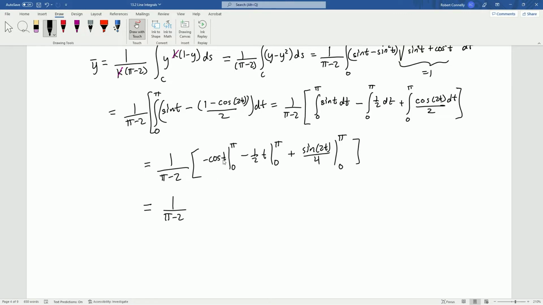Okay, cosine of t evaluated at pi is going to give us negative 1, and it's already negative, so that's going to be a positive 1, minus a negative cosine of 0. So now we've got minus 1/2 times pi minus 0, plus sine of 2 pi, which is 0, over 4, minus sine of 0, which is 0, over 4.